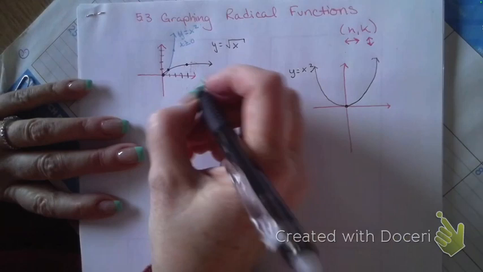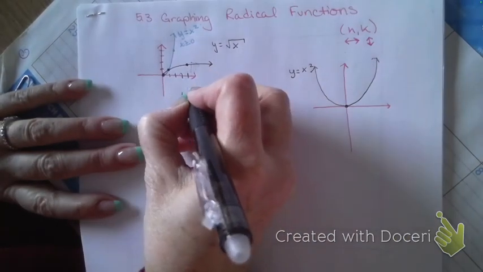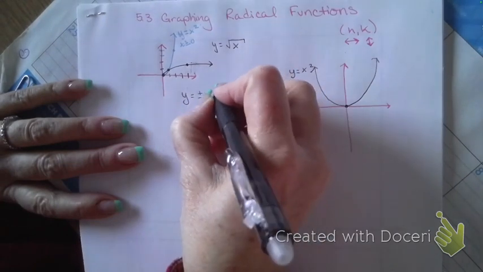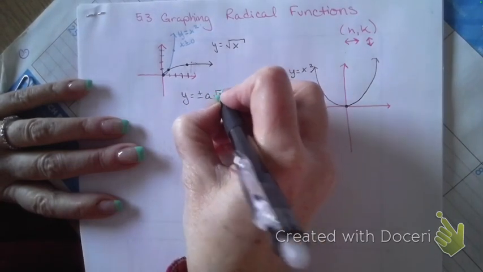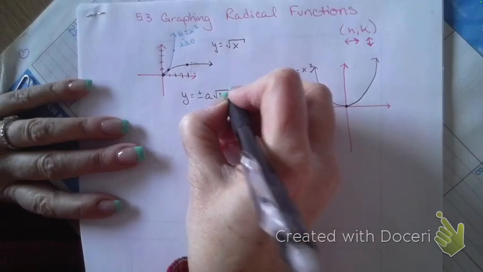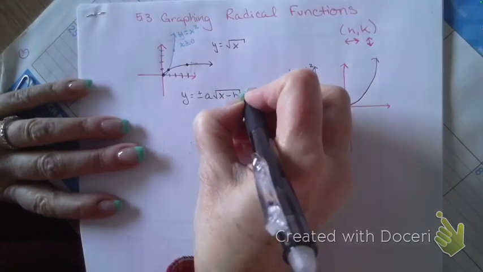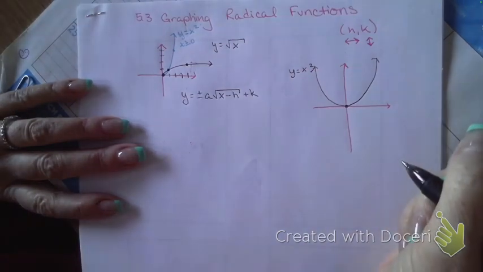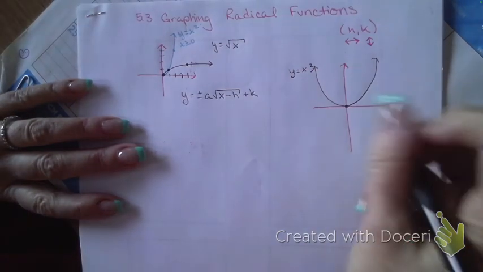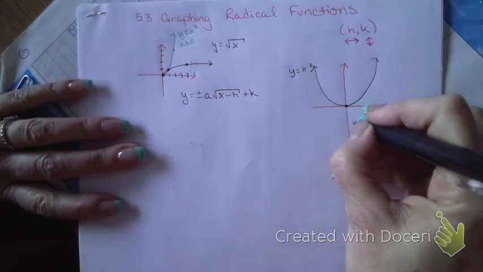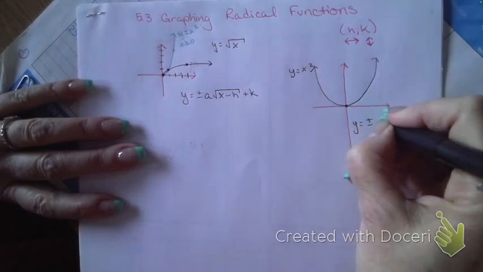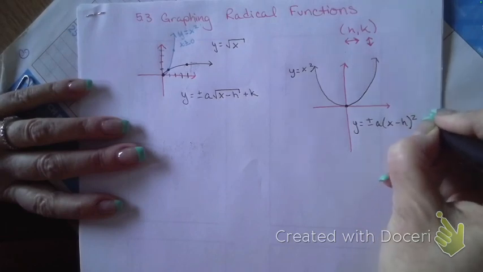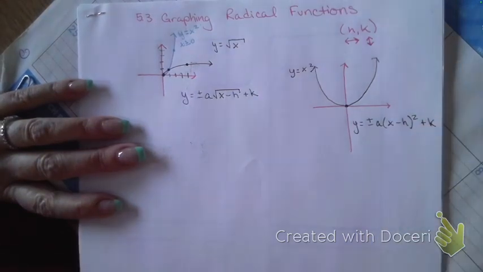So that equation is going to be y equals plus or minus a, the square root of x minus h, plus k. Have we done this before? Yep, we did it with y equals plus or minus a, x minus h squared plus k, didn't we?